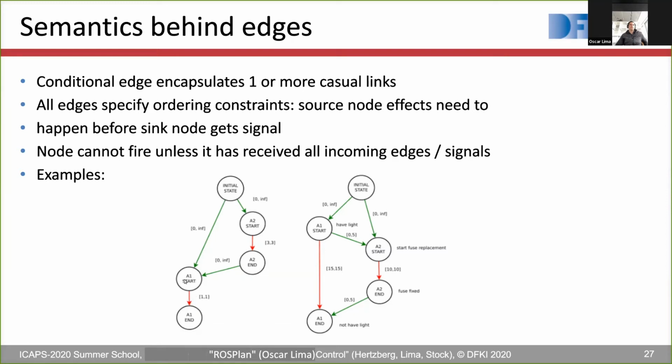So in this case, for A1 to start and to fire, first it needs to wait until A2 has been dispatched and A2 feedback has been received, and then A1 is ready to fire. So edges are ordering constraints. Like I said, nodes cannot fire unless they have received all incoming edges or signals.